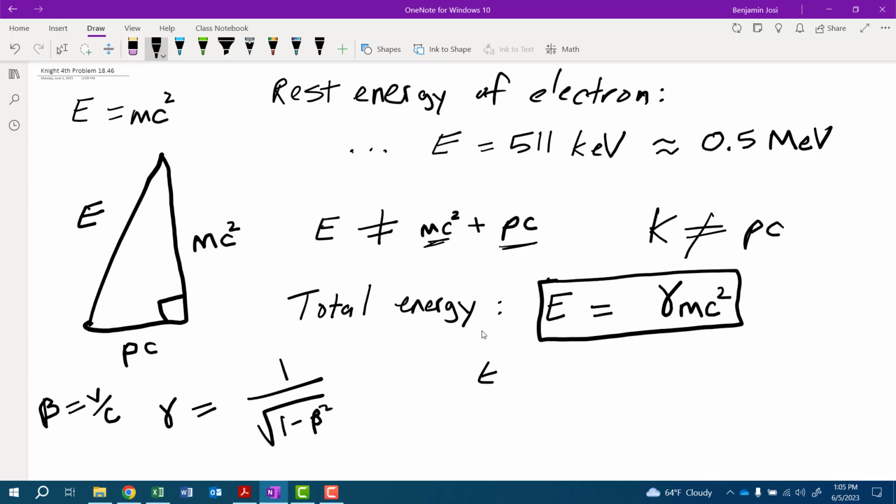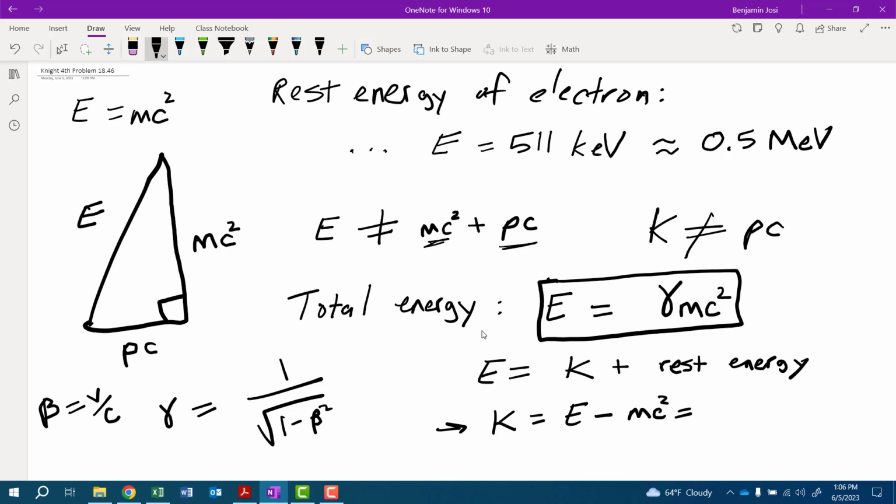Total energy would be kinetic energy plus what I'll call rest energy, which we know is mc squared. So if you solve for kinetic, it's just total energy minus rest energy, mc squared.